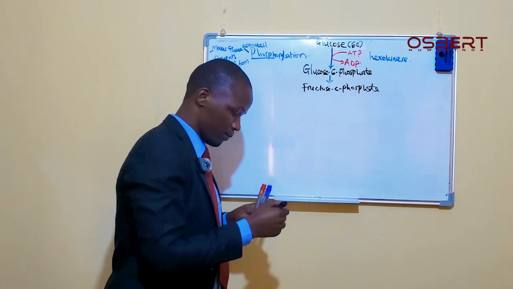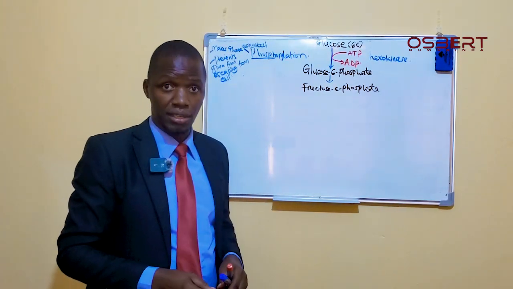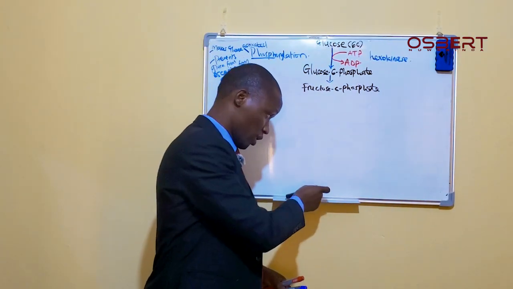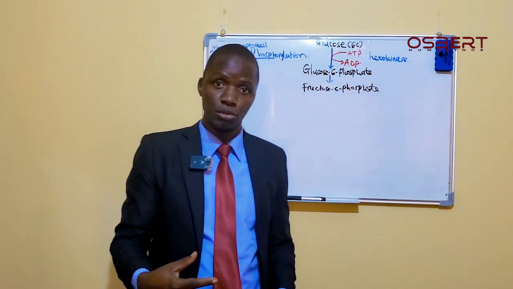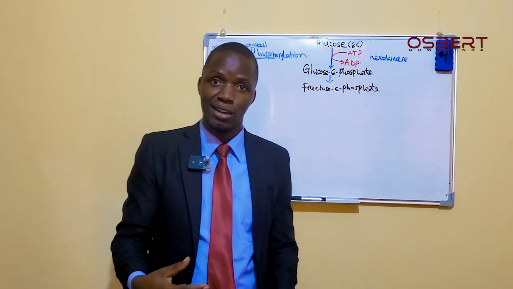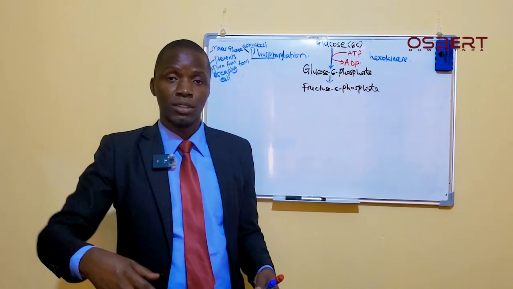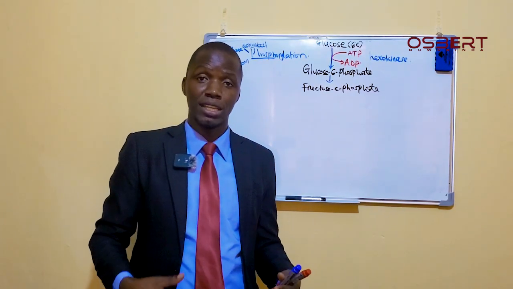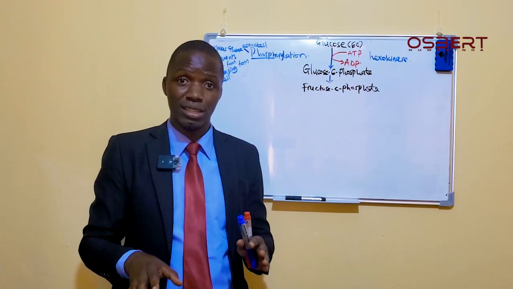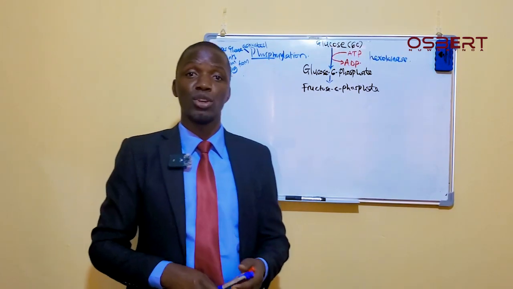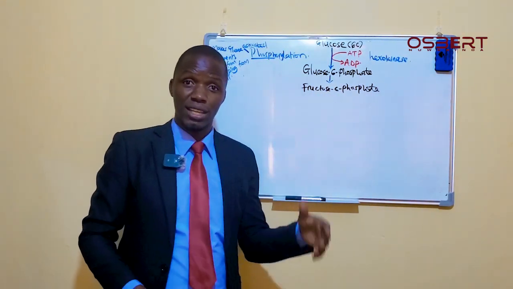I hope you know, or if you didn't know, maybe you have now known: glucose and fructose are isomers. What do we mean? When you look at the structure of glucose and the structure of fructose, if you go to the biochemistry, their structures are almost the same. They just differ in how carbon atoms are organized. But when you go into molecular formula, the molecular formula of glucose and fructose are actually the same.